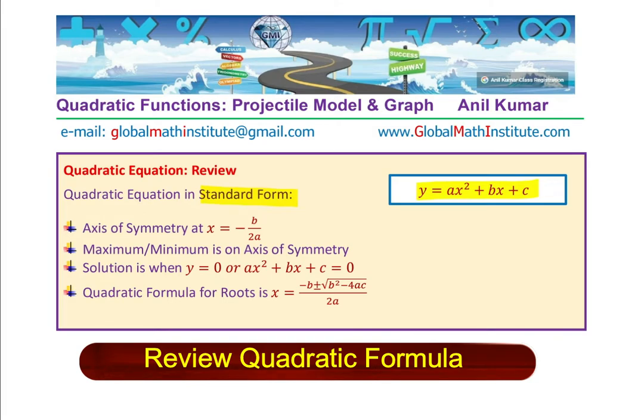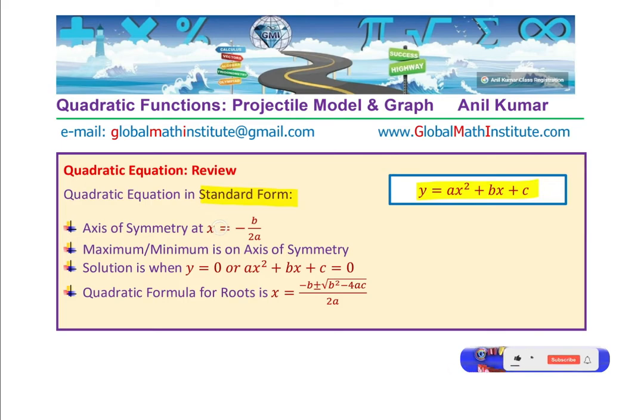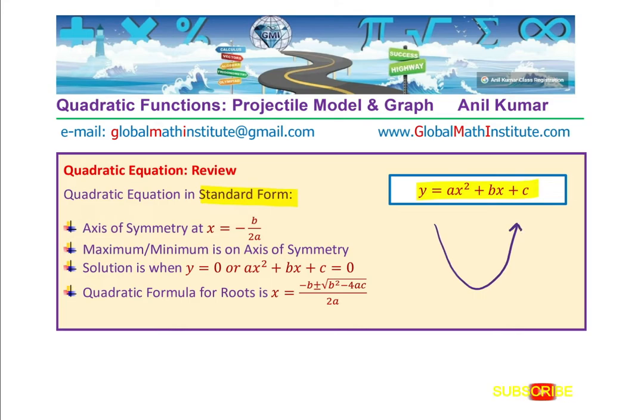Now, from this form, you can find the axis of symmetry by writing x equals minus b over 2a. As you know, this quadratic equation will be a parabola. Now, the parabola will open up if a is positive, but if a is negative, then it opens down.